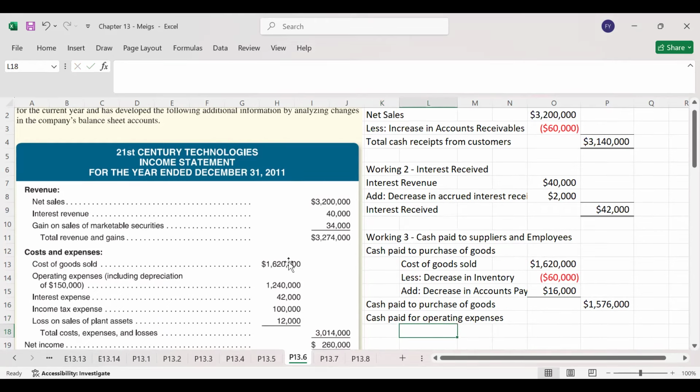Total operating expenses, you can see, is 1.24 million, which is given in the income statement. So total operating expenses are here in the inner column, which is 1.24 million.